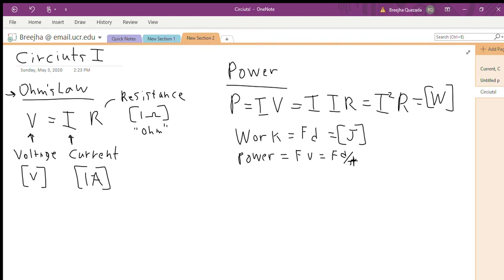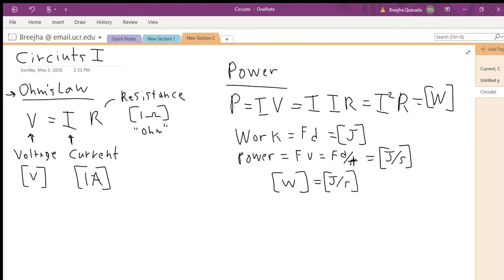So force times distance over time, so the unit was joules per second. And because of this, watts and joules per second are equivalent to each other. So watts can also be said in joules per second.